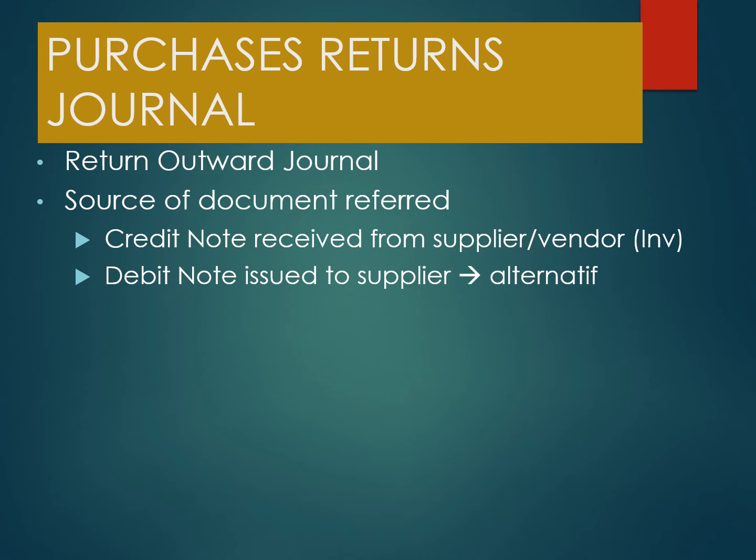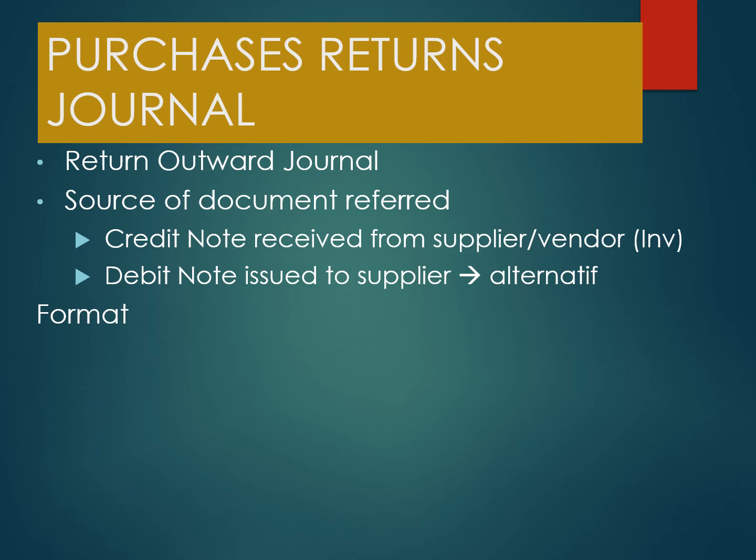We can attach the debit note with the inventory or the items that we send out to the supplier to inform the supplier what are the items that we returned.